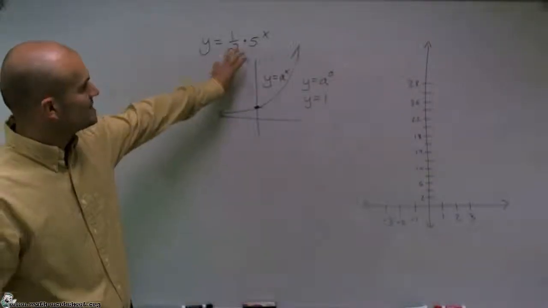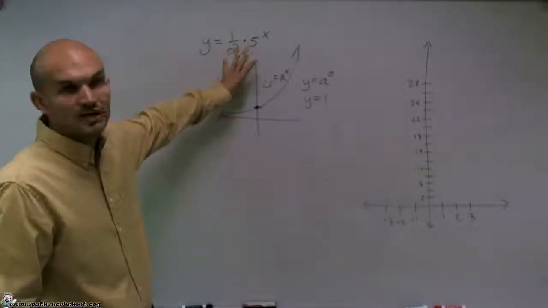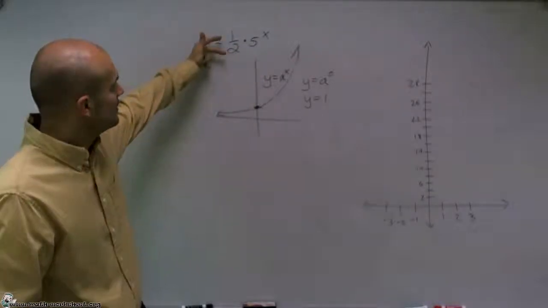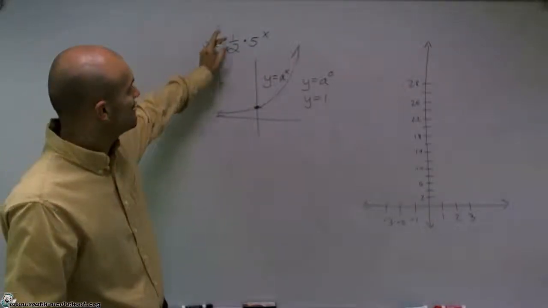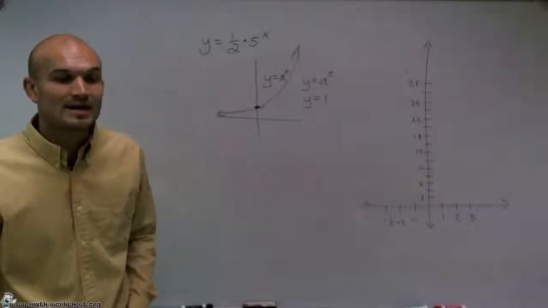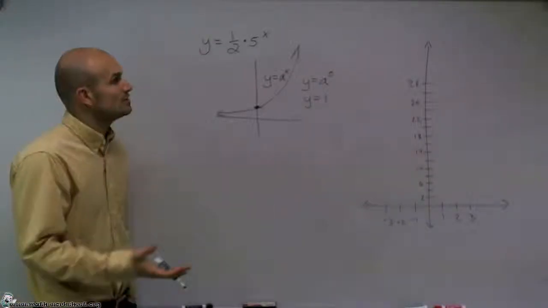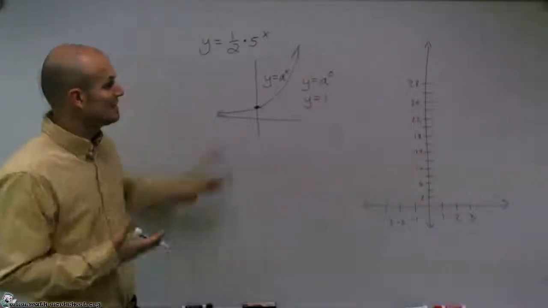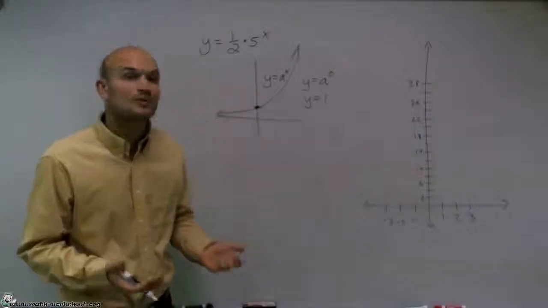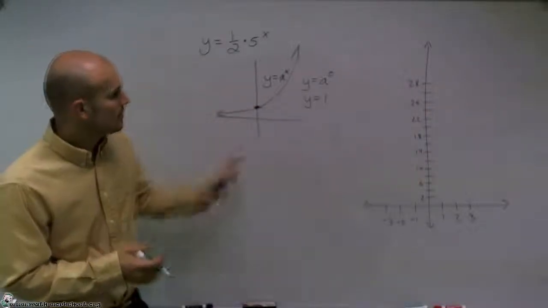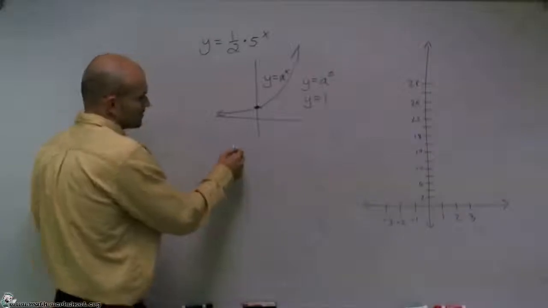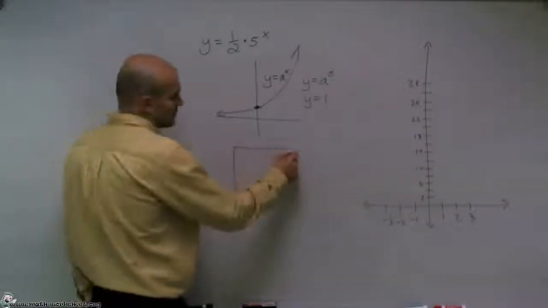Now, however, in this problem I have a little bit of some transformation. I have my 1/2 times 5 raised to the x. So what I can determine is there are some things actually happening with this graph that might make it a little bit different than the parent graph. So the first thing I'm going to do is create a table to help me out.